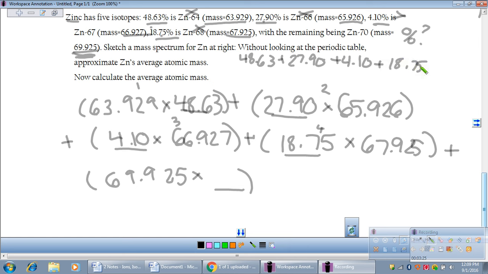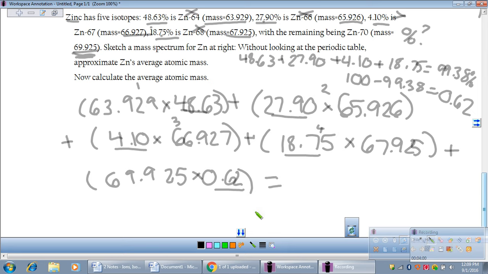When you do that, you should get 99.38. That is the percent of the first 4 isotopes altogether. So the 5th isotope is whatever is left remaining after those ones. So 100 minus 99.38, 0.62. So this is our percent here.